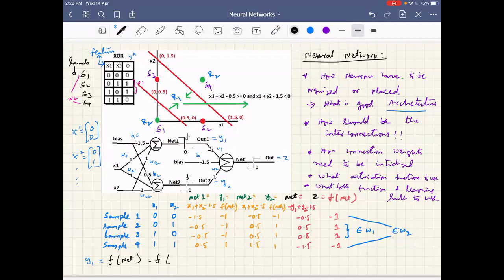Net1 is nothing but x1 into w11 plus x2 into w12 plus b1 bias, based on whatever we have put here. So essentially net1 is this.